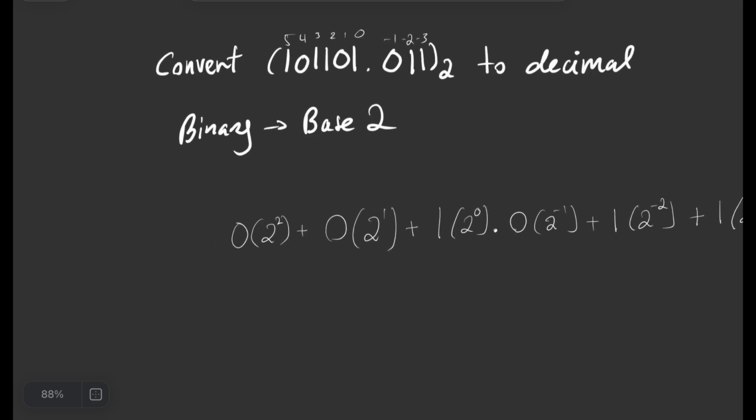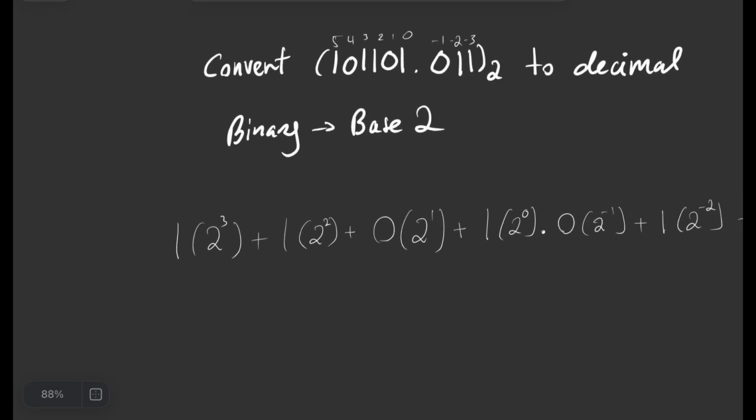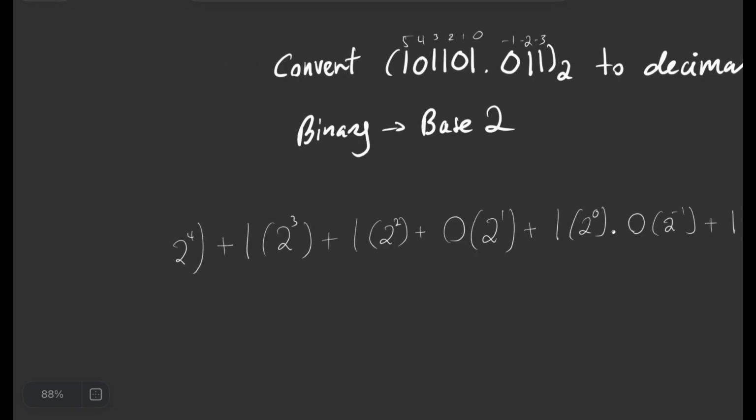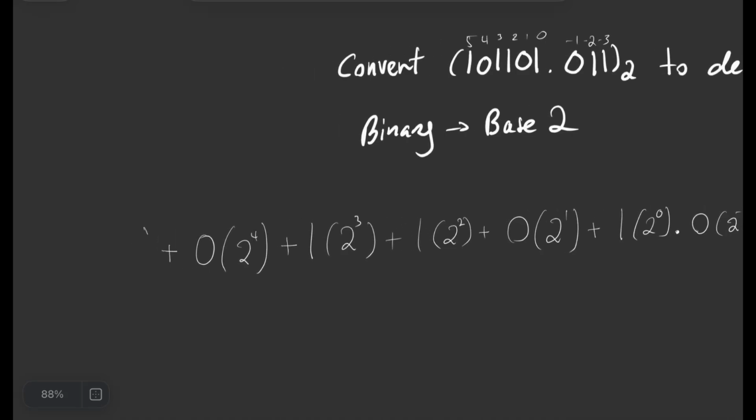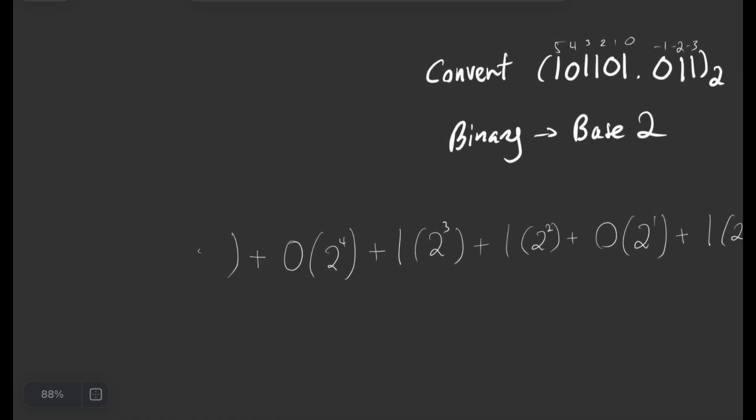And this can get pretty drawn out. Oh, nope, 2 to the 2 is times 1. Then 2 to the 3 times 1, and then plus 2 to the 4 times 0, and then plus 2 to the 5 times 1.